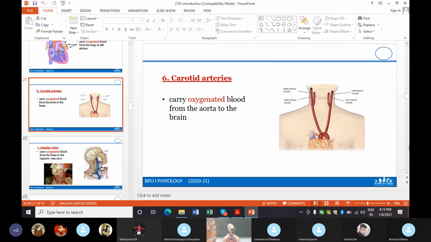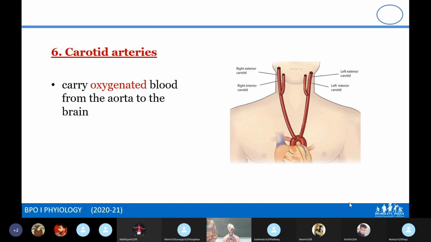Apart from that, there are many more arteries which carry blood and are also involved in the circulation. So we will continue the last session itself.